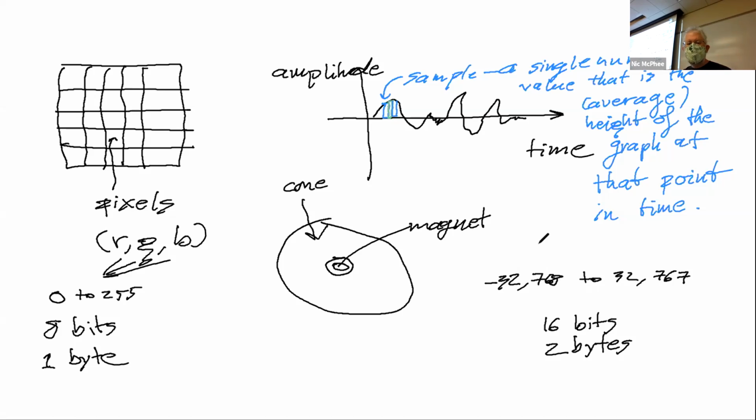And then the other piece is how many samples do we take? In most digital sound these days, we take 44,000 samples per second.